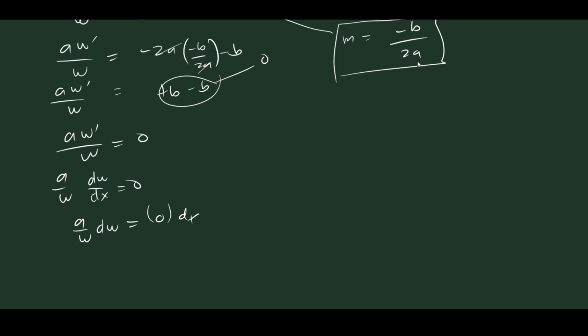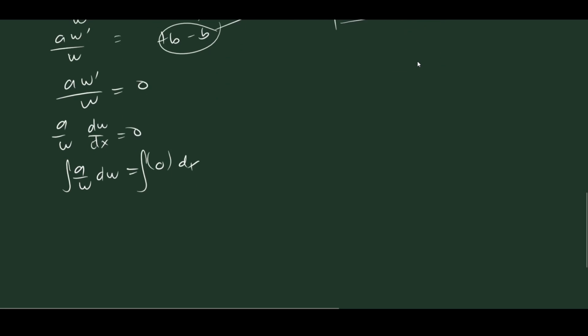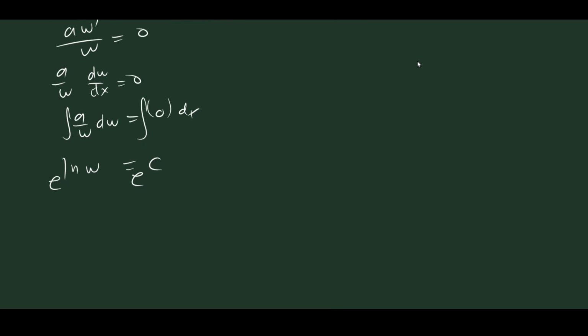Let's integrate this. We will then get ln w is equal to c. Let's find w by using the inverse property of logarithms. So we have w is equal to e raised to c, or let's just write it as c.